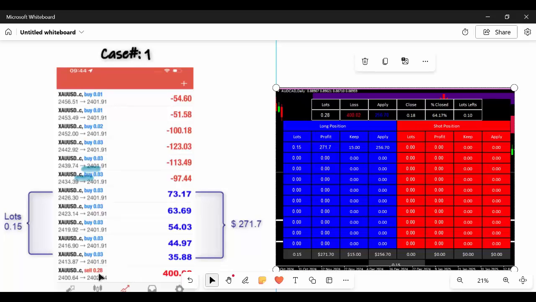When we partial close this sell, we are going to have 0.10 lot size left. But if you add all this, remember we added it last week, 3, 3, 6, 9, 11, 12, 13.